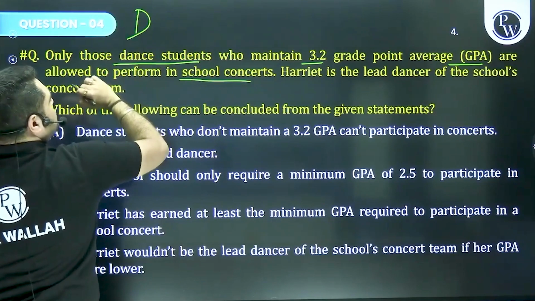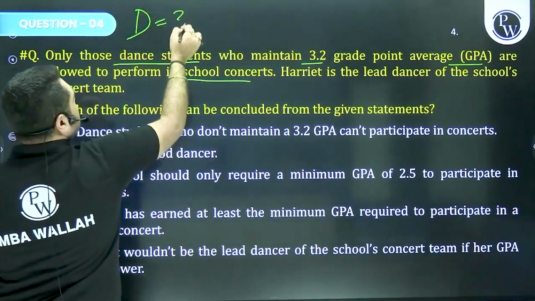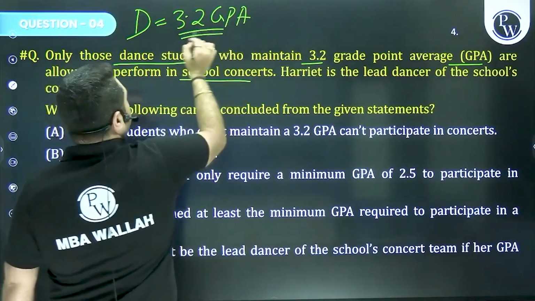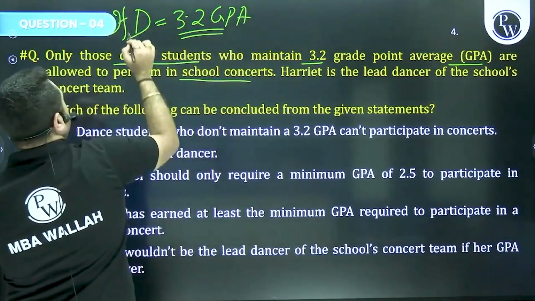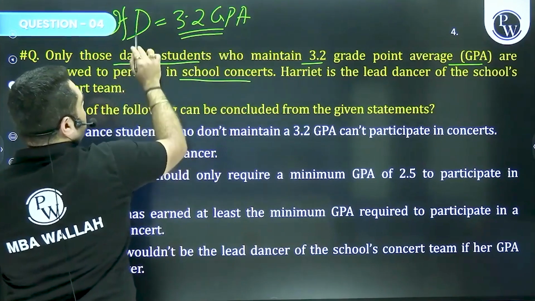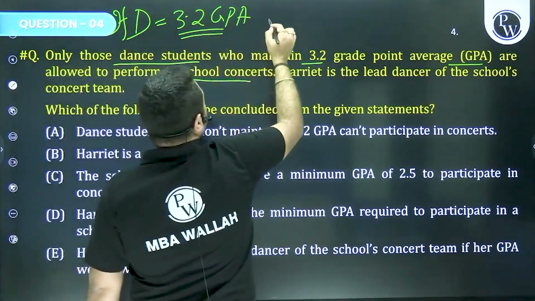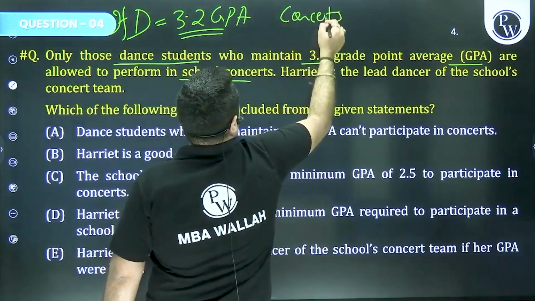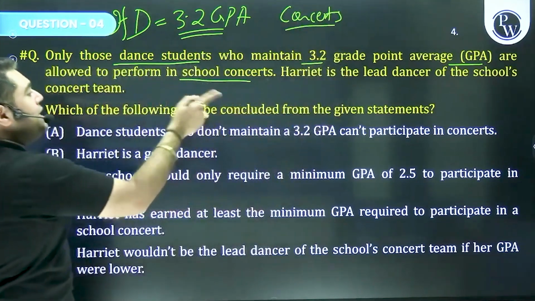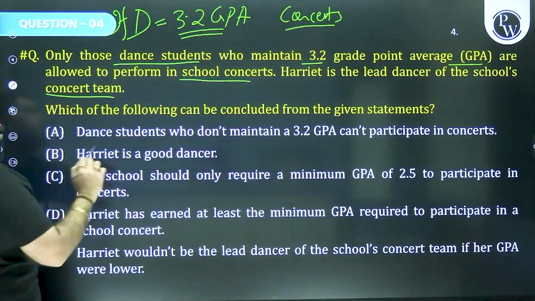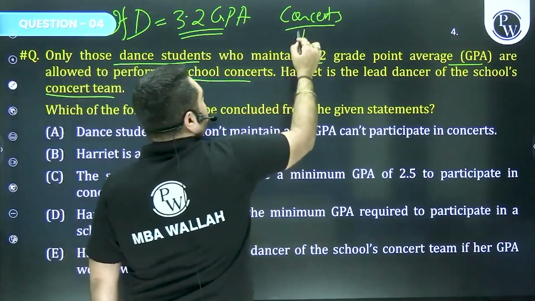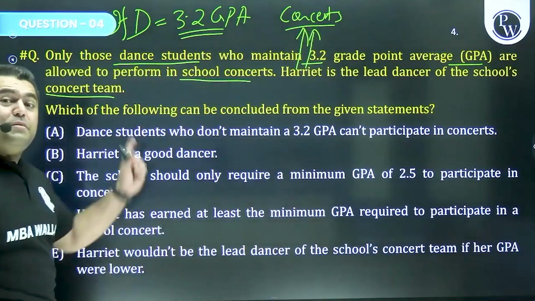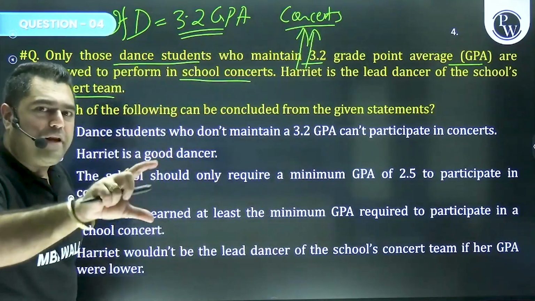If you are a dance student with a 3.2 GPA, then you will be allowed to perform in concerts. Okay? Now, Harriet is the lead dancer of the school's concert. So Harriet is performing in the concert. People understood? Now why is Amit sir writing all this? This is how you should map an argument.